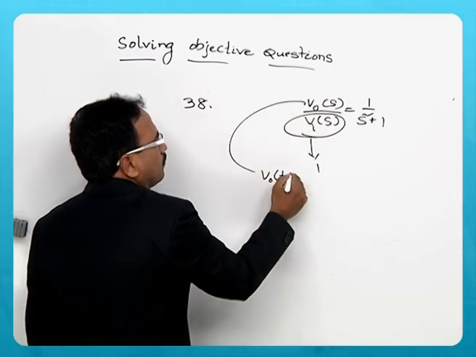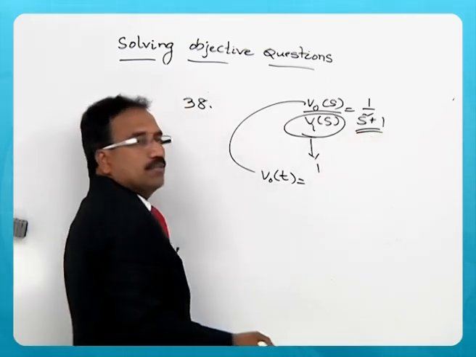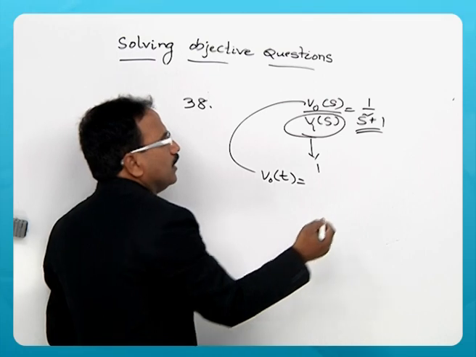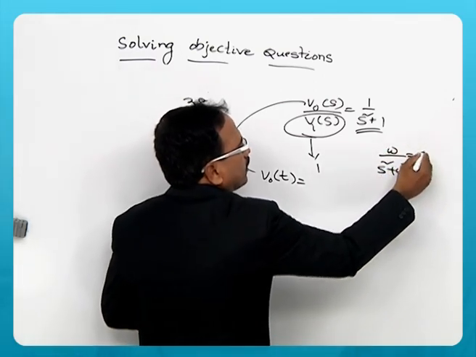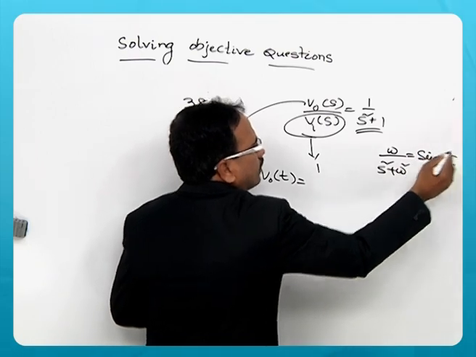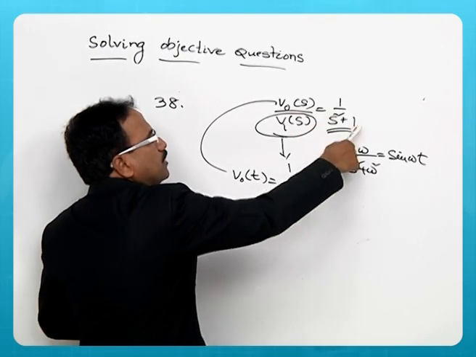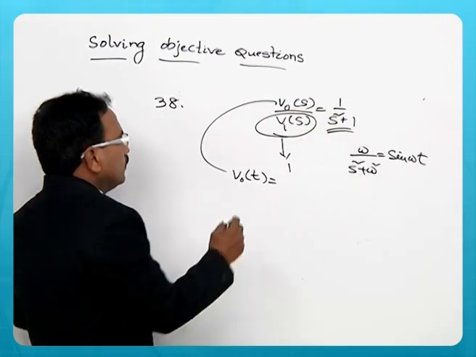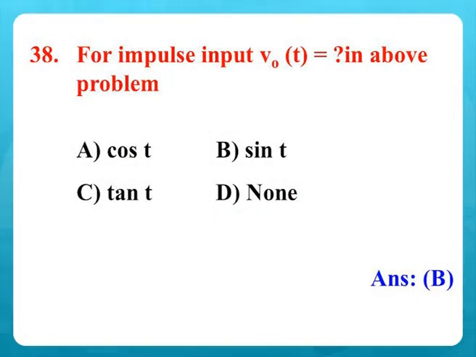So V0 of t means you need to have the inverse Laplace of this particular function. If you remember, omega by s square plus omega square is sin omega t. So you can see that omega is 1 now, because the numerator is 1 and here also it is 1. So instead of sin omega t, sin t, because omega equal to 1. So the correct option is B, V0 of t is sin t.